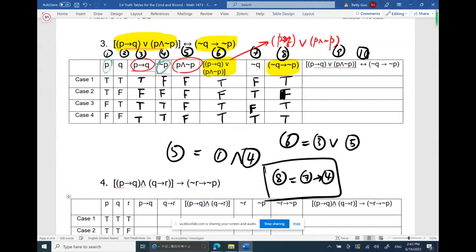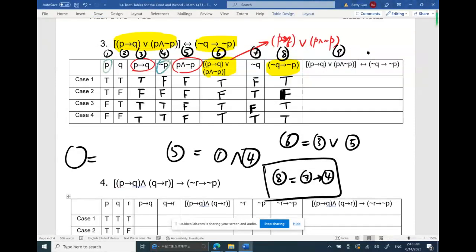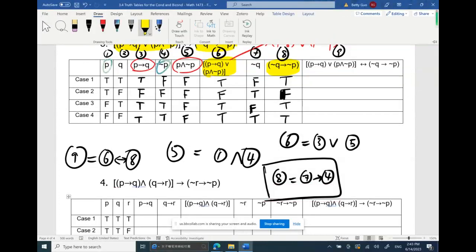Okay, so number 10. We don't have number 10, it's number 9 actually. The last column is the target, number 9. Number 9 is number 6 if and only if number 8. Let me color those 2 columns yellow.